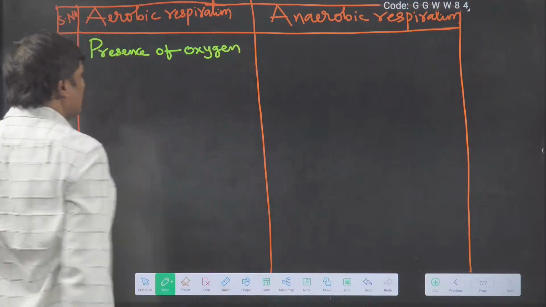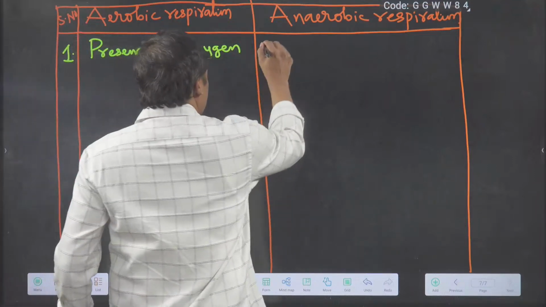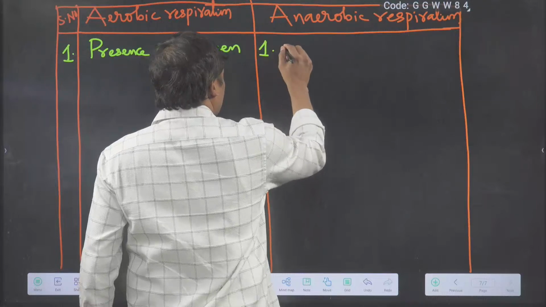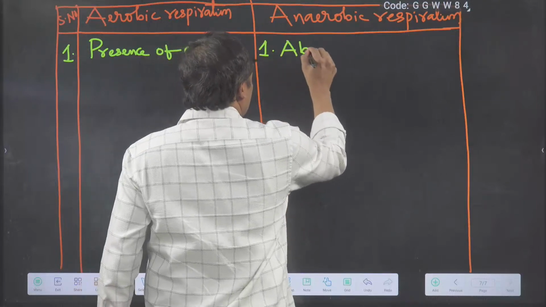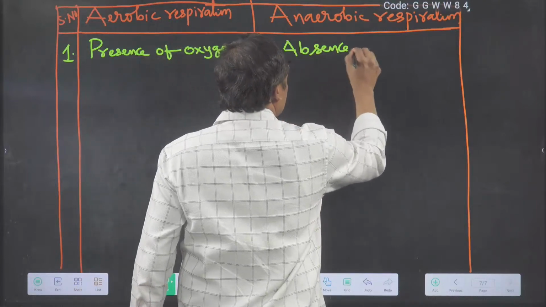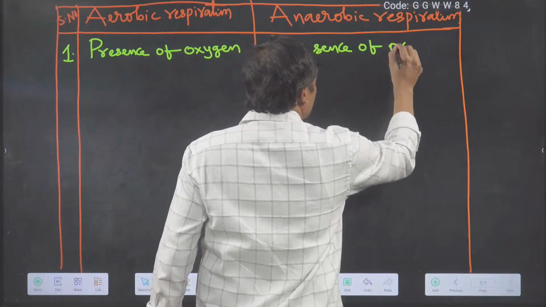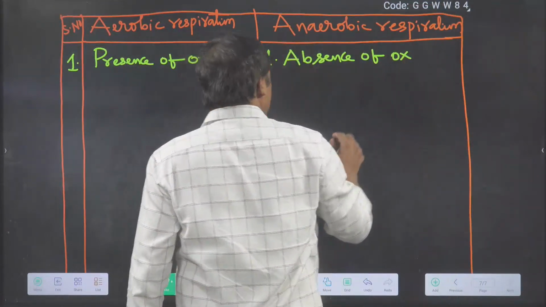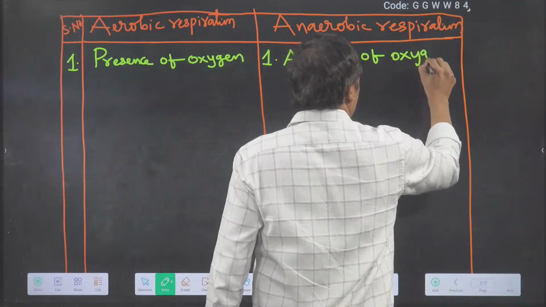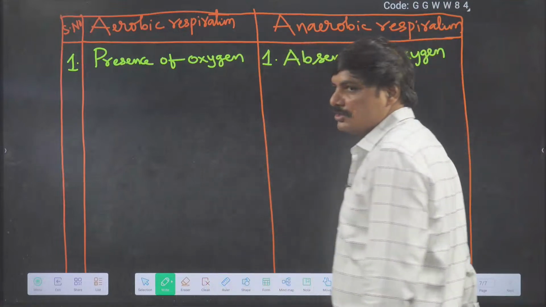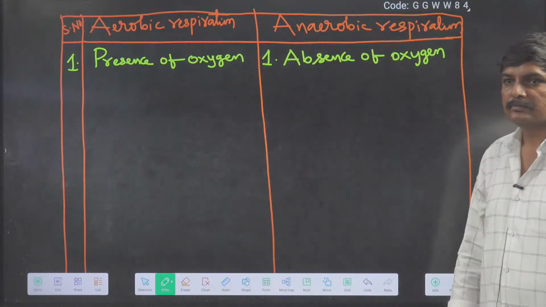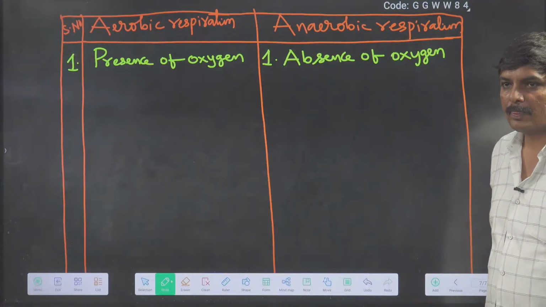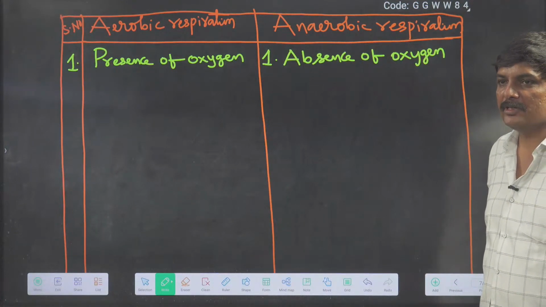Second: it occurs in the absence of oxygen. First point, clear? I am talking about the differences between aerobic and anaerobic respiration.